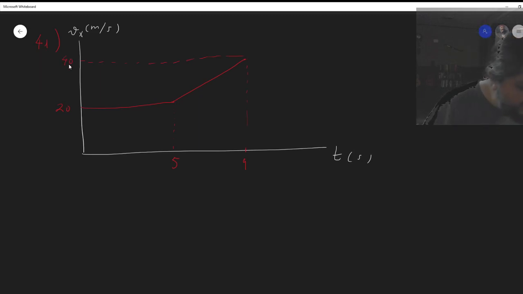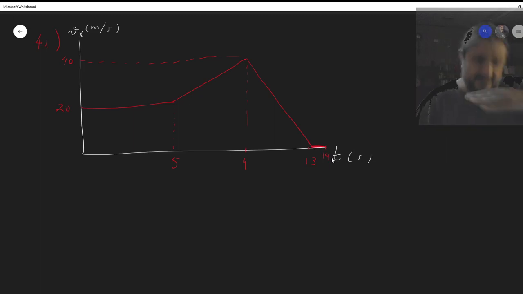And between 9 and 13 seconds, there is a slowing down, a deceleration, if you will. Slowing down and stops. At 13 seconds, it stops and remains at rest for another second. That's our data, all right?